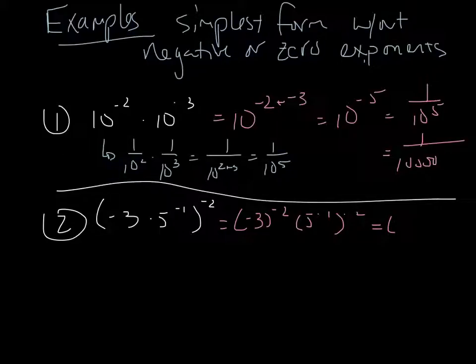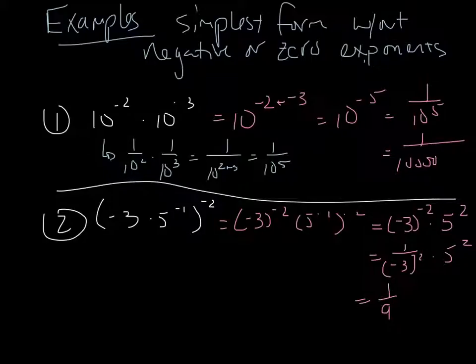You get negative 3 to the negative 2 times 5 to the negative 1 times negative 2, which is 2. And so we get 1 over negative 3 squared times 5 squared, or 1 over 9 times 25, or 25 over 9.